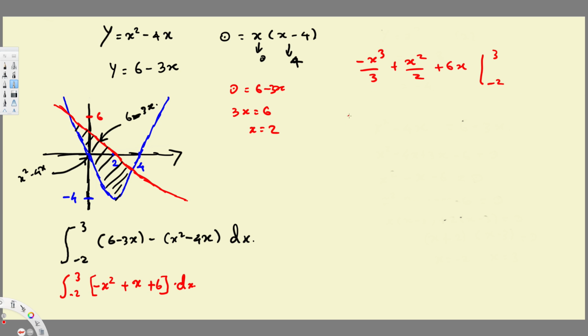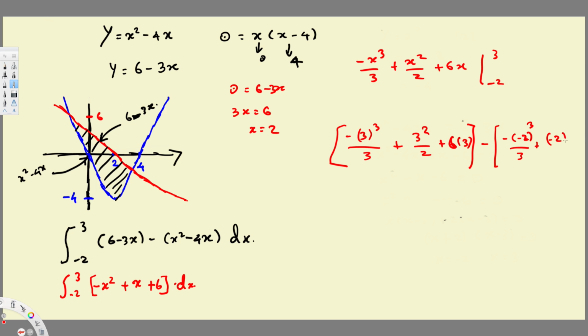Let's plug in the values. So first we apply 3. So this is going to be negative 3 cubed over 3 plus 3 squared over 2 plus 6 times 3, minus, we have negative 2, so this is going to be negative 2 cubed over 3 plus negative 2 squared over 2 plus 6 times negative 2, right?